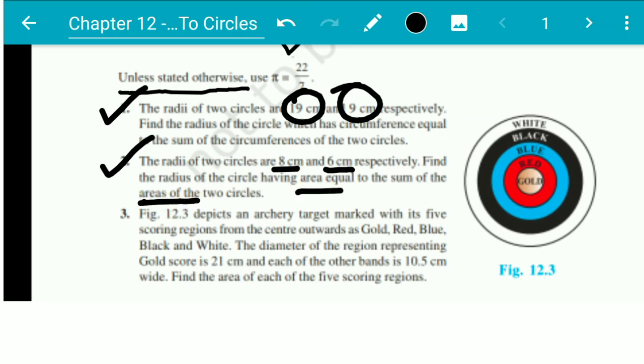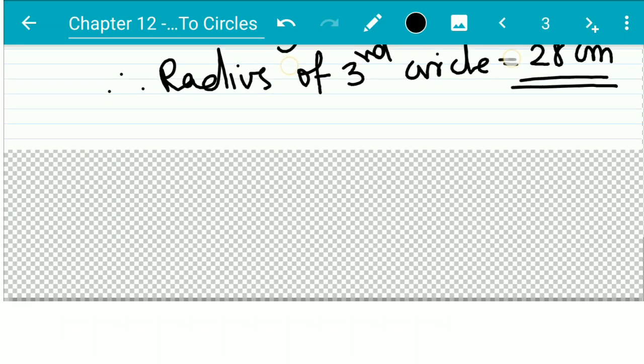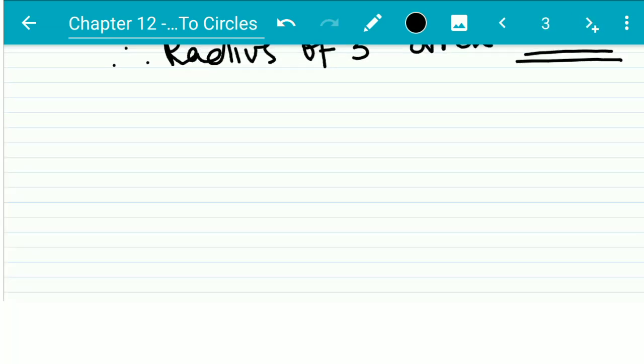Everything else is the same. In the first question it was circumference equal to the sum of circumference of two circles. In this question it is area equal to the sum of area of two circles. You can start in the same way. Question number 2.